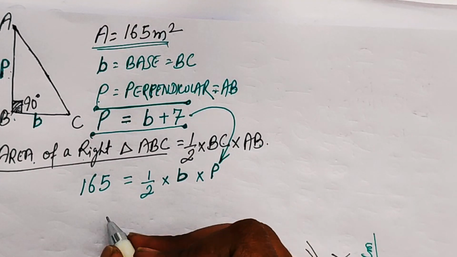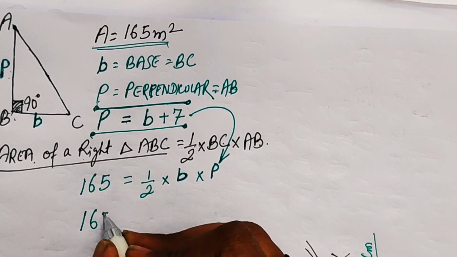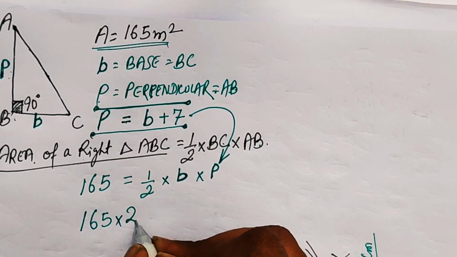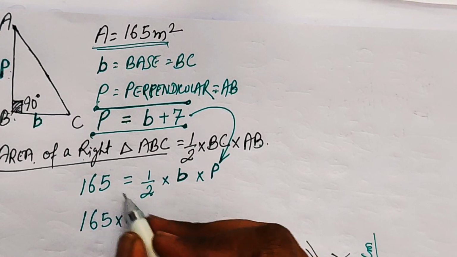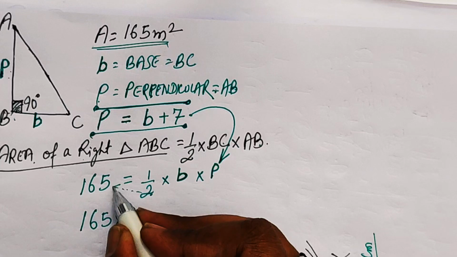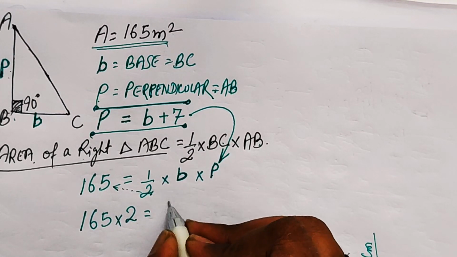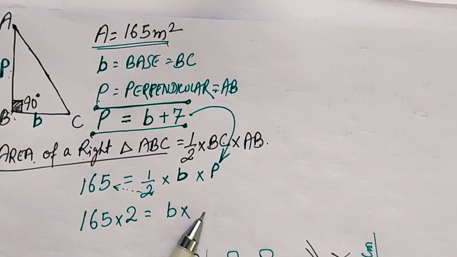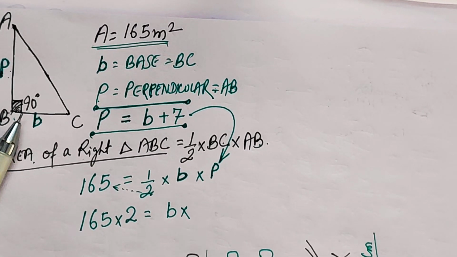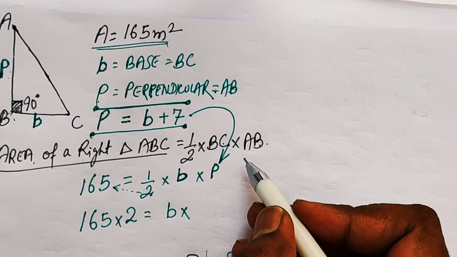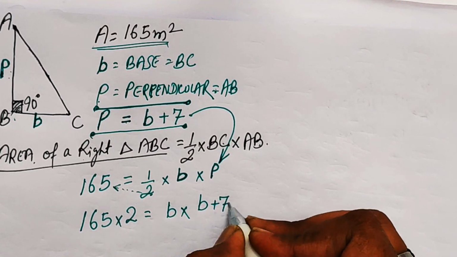So the above equation will look like 165 into 2, because this 2 in the denominator of the RHS will be multiplied going over here. 165 into 2 is equal to B into P, but in place of P we will be writing P equal to B plus 7.